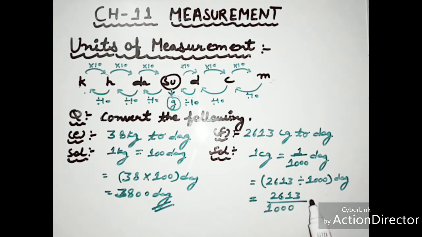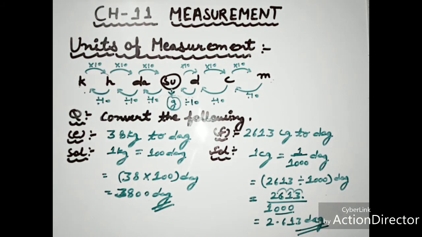So here there is no decimal, so place of the decimal is last end of the number, and here denominator having 3 zeros, so decimal shift to the 3 places to left hand side. So decimal shift to left hand side, 1, 2, 3, means we write 2.613 decagram. So here we convert one unit to different unit by using this reference table.